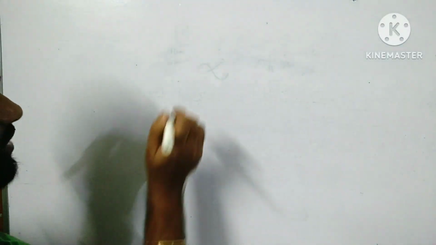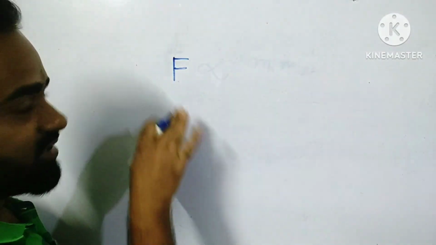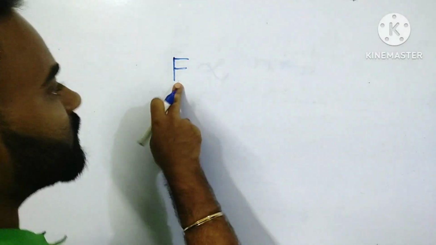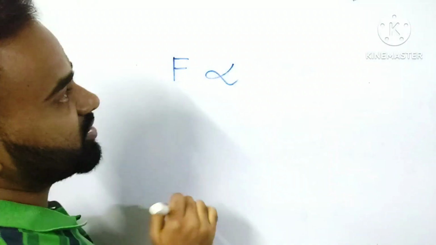So we can write the mathematical expression of the law. We have said that the force of attraction, if it is denoted by F, is proportional to the product of the masses of the objects.